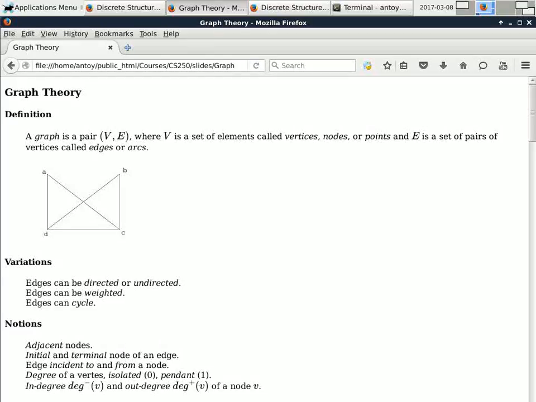Is there an Euler path? Not a circuit, a path. Path means you start from one point, you cross over the edges, and you end at some other point, or even that one. Then it would be a cycle, but it doesn't have to be a cycle.